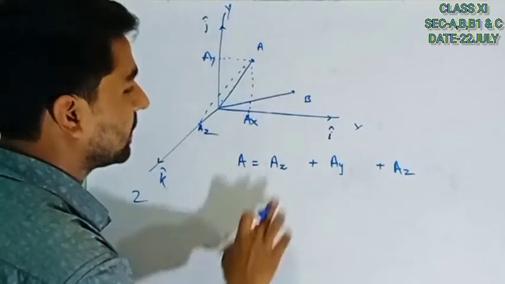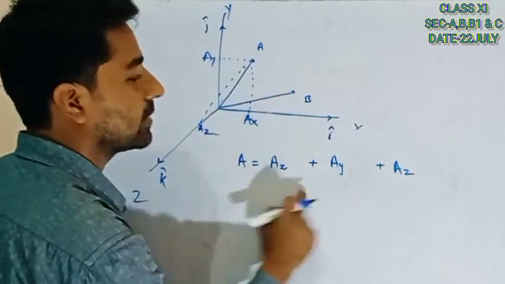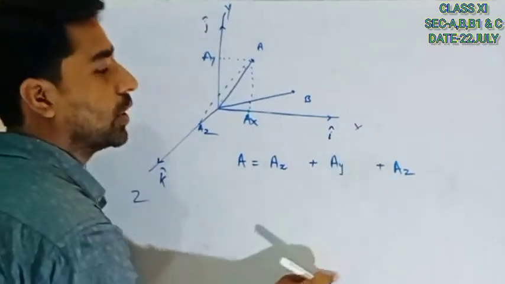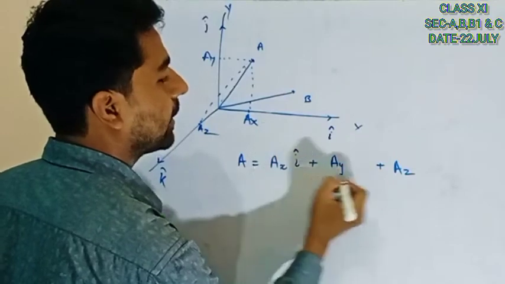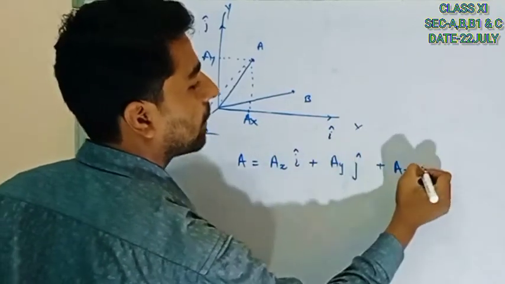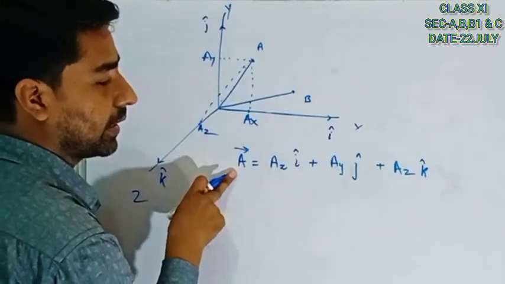Clear? But these are the magnitudes only. What about the direction? To say this is on the x axis, this on the y axis, this on the z axis, I put the unit vectors i cap, j cap, k cap. Now it becomes a vector quantity, vector A.